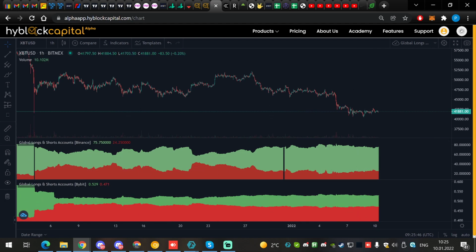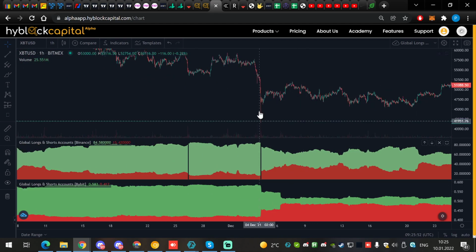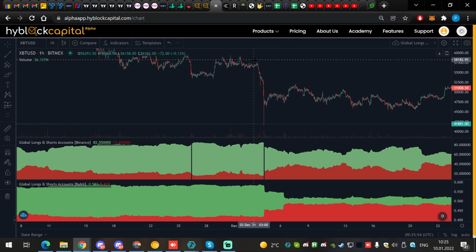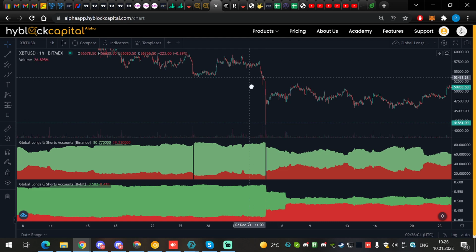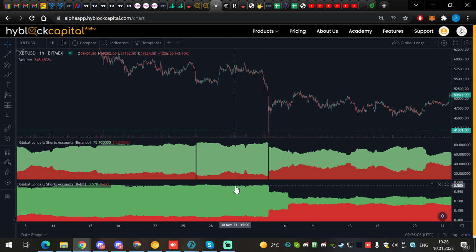On Binance, pretty better: 52% long, 47% shorts. That's pretty fine. We can see even before the drop from 57K, look at the extremes. The market was 84% long on Binance. Absolutely crazy. Of course, there is a much higher chance you will squeeze people.